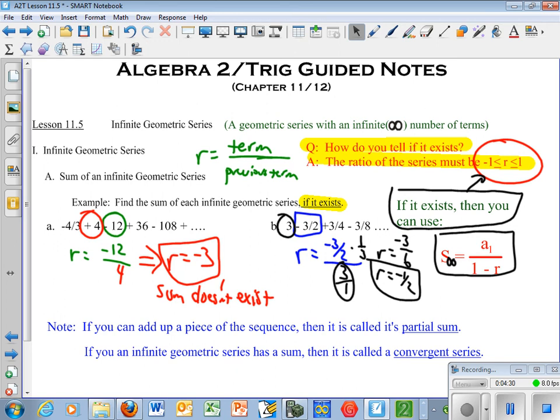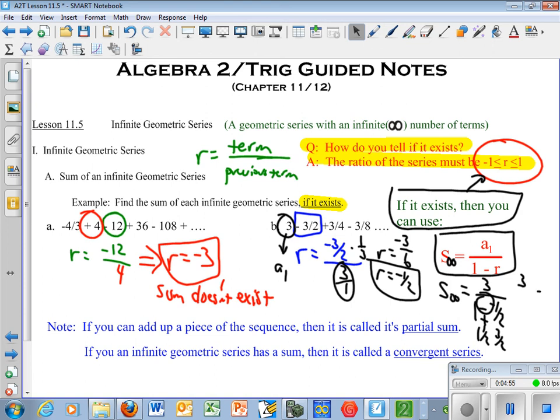I take a1 and divide by 1 minus r. Notice a1 on this one is 3. Then I take 1 minus r, which is 1 minus -1/2, so this ends up being +1/2, so it's 1.5 or 3/2.